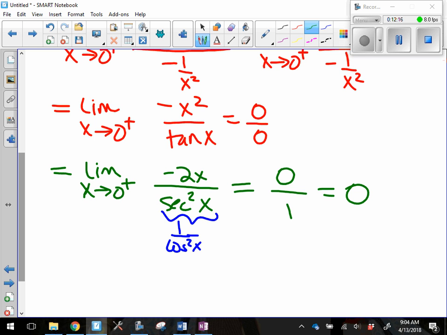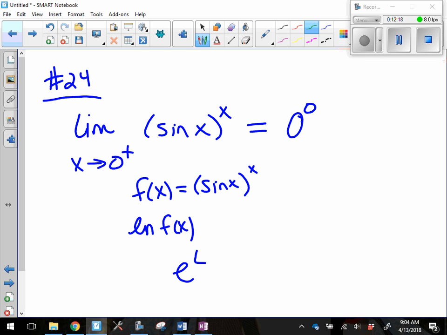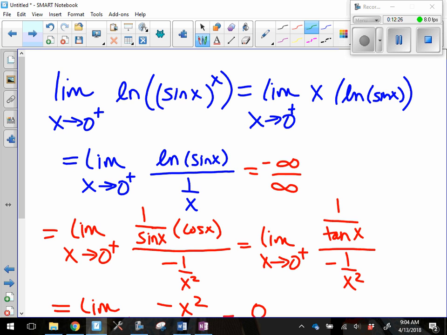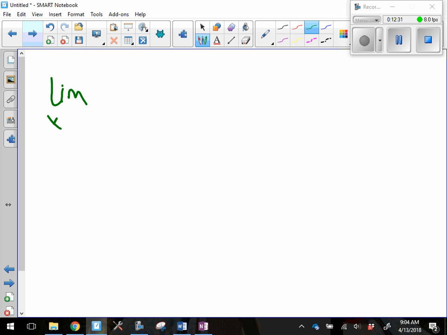No. Right. Because at the very beginning, I decided I was going to change and take the limit of the natural log of f of x. Now that I'm all done, what I really found here was that the limit as x goes to 0 from the positive side of the natural log of sine x to the x is equal to 0. But that's not the answer that I was looking for.